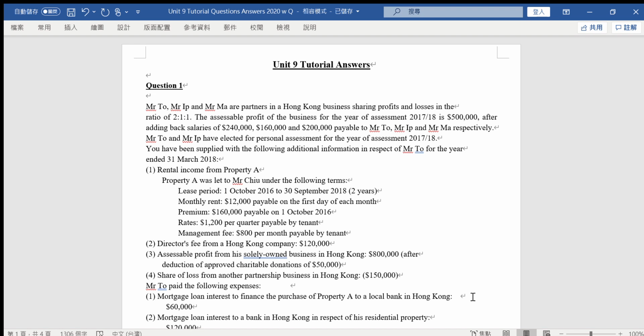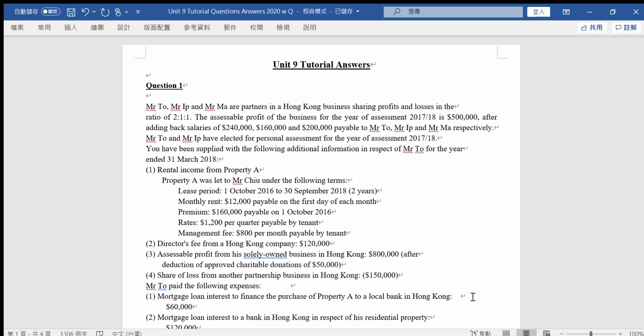In this year, up to the year end of 31 March 2018, Mr. To received rental income from property A. And this property is bringing rent to Mr. Chiu with the following situations. The first part will be about the spread over of the premium.